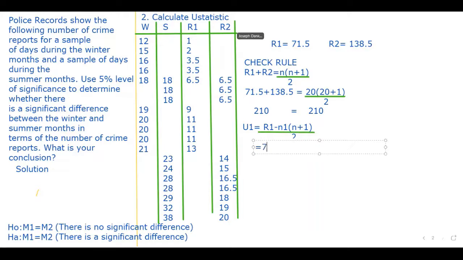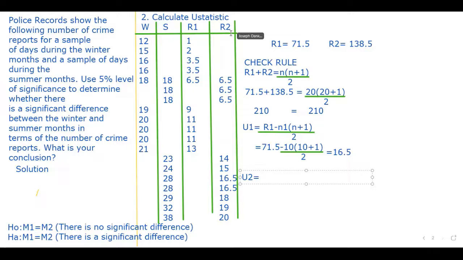R1 is 71.5, minus N1 is 10, bracket 10 plus 1, all divided by 2. Okay, so I had 16.5. This is the same formula to solve for U2.